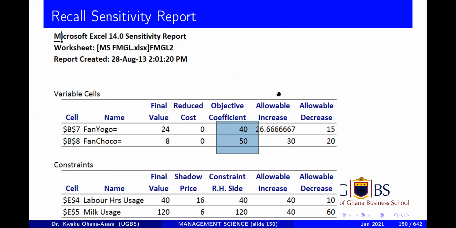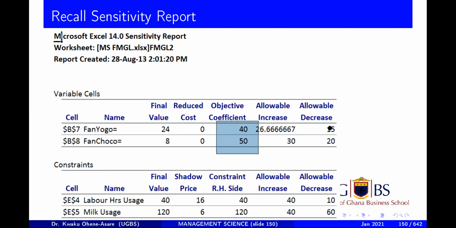When you look at the sensitivity range, it's normally telling you some values that are between some ranges. Now, in the Excel, you will notice that there's an allowable increase, and then there's an allowable decrease.